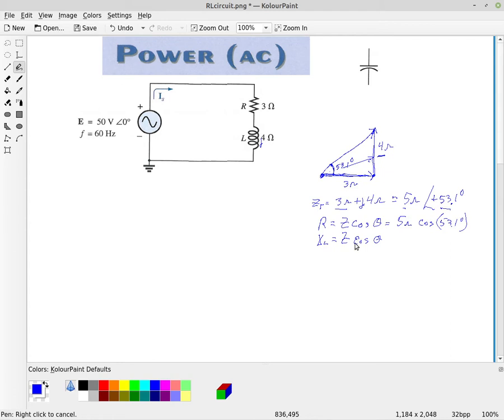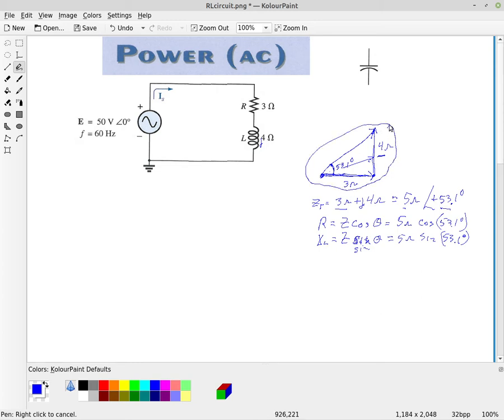I'm sorry, I wrote cosine, but this is the sine of the angle theta. So it would be 5 ohms times the sine of this 53.1 degree angle. Okay, so we can go back and forth. So this is the impedance triangle, or the impedance diagram.